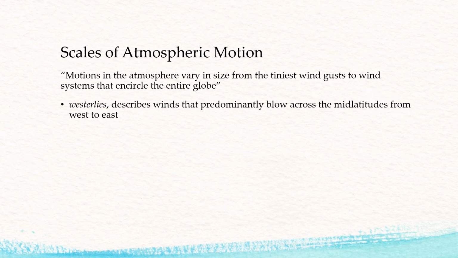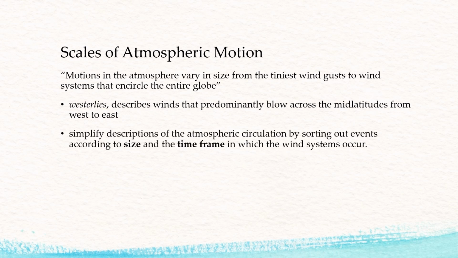They are called westerlies because this describes the wind that predominantly blows across the mid-latitudes from the west to east. So that means winds are called from the direction that they're blowing from.